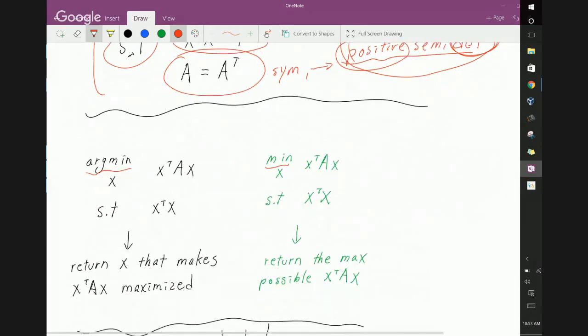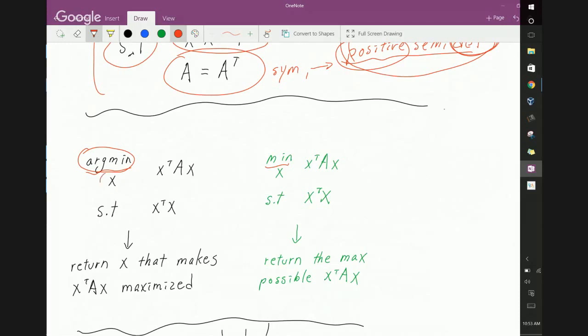The difference is when we are talking about argmin, we want the x that minimizes this whole thing. So what we get out of this is the x. When we're talking about min, on the other hand, we want to find the x that minimizes this, but instead of returning x, we return the minimized value.